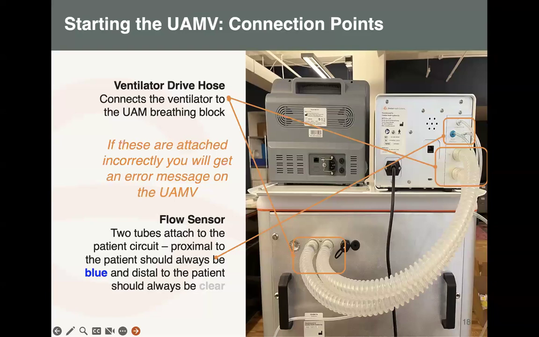So the drive hose goes as labeled, where AA is connected to AA and BB is connected to BB. As you can see here, the AA is on the right side, and the AA on the UMV is on the right side on the machine, and the BB, which is on the left side, goes below the machine.